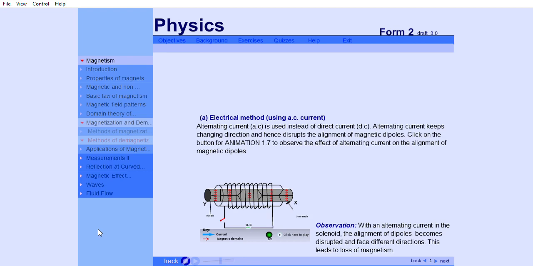Click on the button for animation to observe the effect of alternating current on the alignment of magnetic domains. Observation. With an alternating current in the solenoid, the alignment of dipoles or domains becomes disrupted and faces different directions. This leads to loss of magnetism.